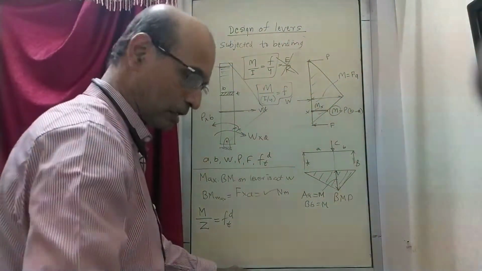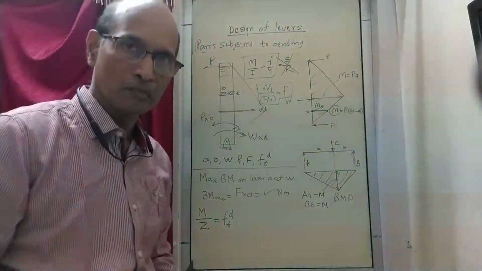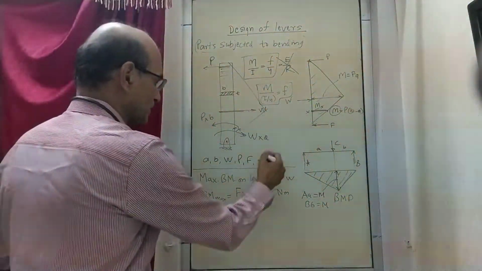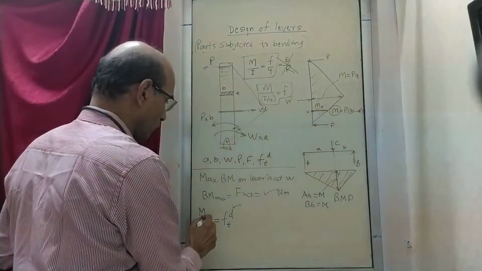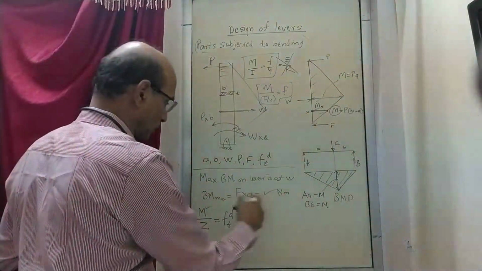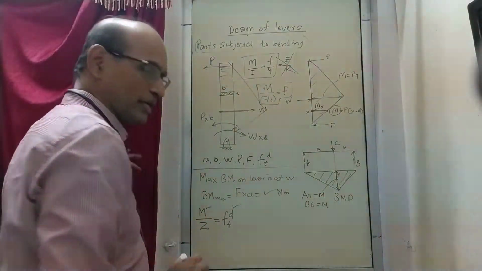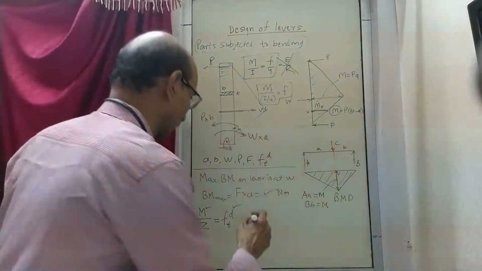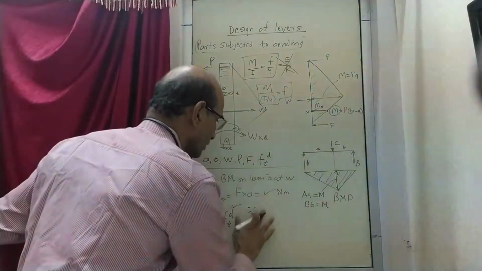So let's try to use this design equation. Ft design is given. Now M is also given, meaning you have found it out. So you have to find out Z. Now what is Z? Z is I upon Y. I'll write here. What is Z called as?